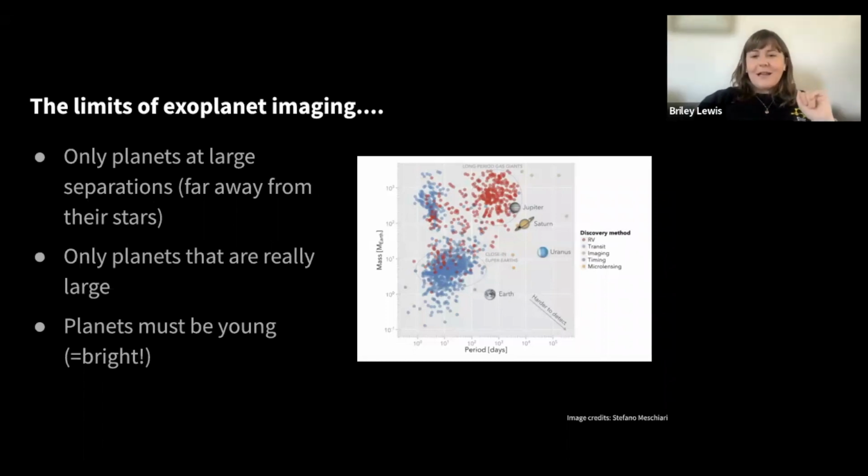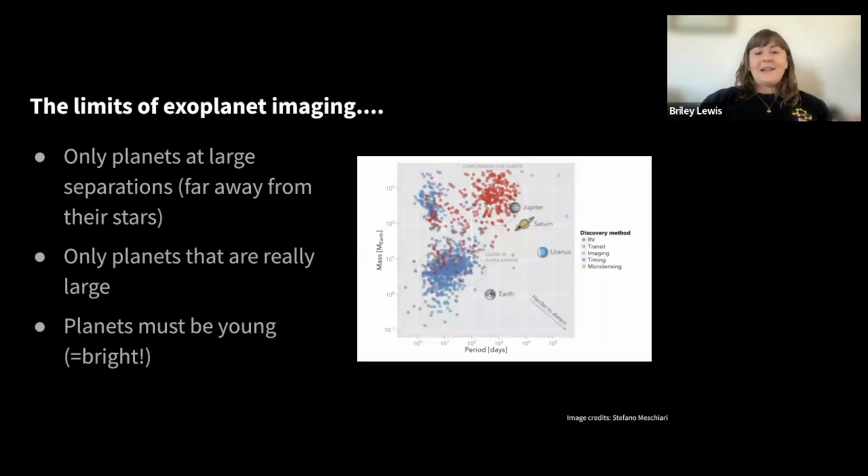So back to our limits and advantages. Our limits, we can only see planets that are far away from their stars because of that bright glare of the star closer in. And this is something that people are really actively working on, trying to improve how close we can see into the star with better instrumentation. Right now, we can also only see planets that are really large. So a bigger thing is going to emit more light, right?